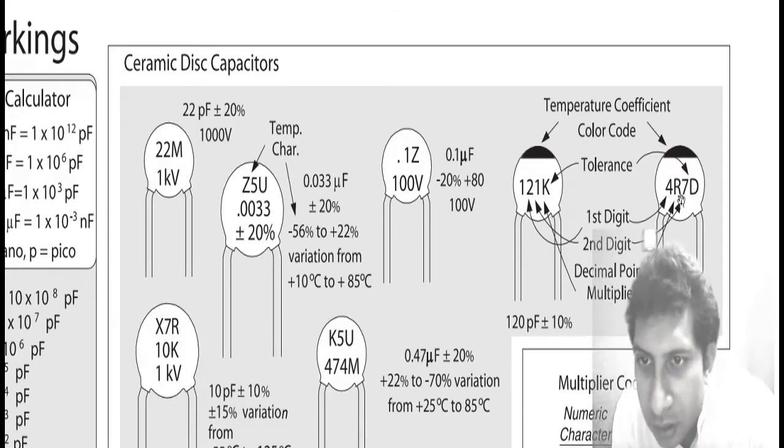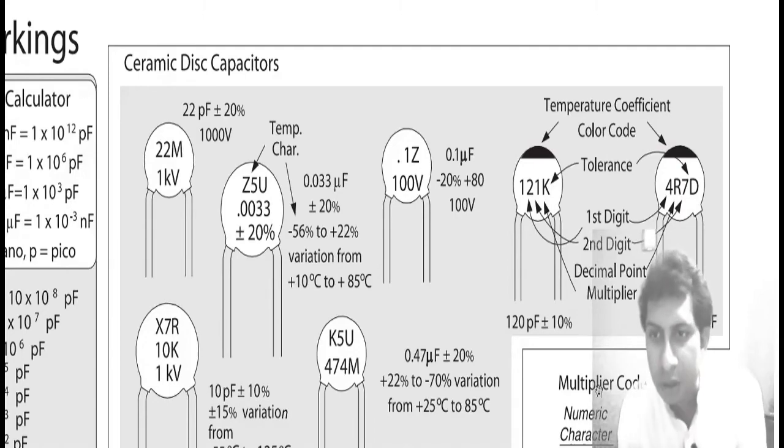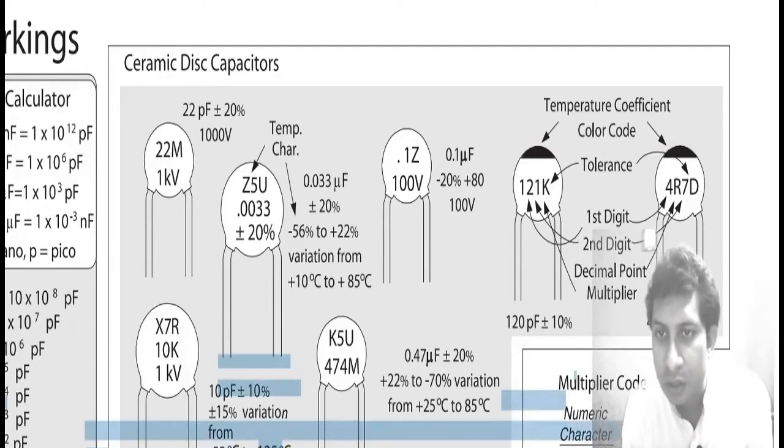Similarly 4R7D, and this R stands for point, as in resistance coding also. So 4 is the first digit, R is used as a point, 7 is the second digit, and this D is used for tolerance, and in the left hand side example K is used. Then what is the value?